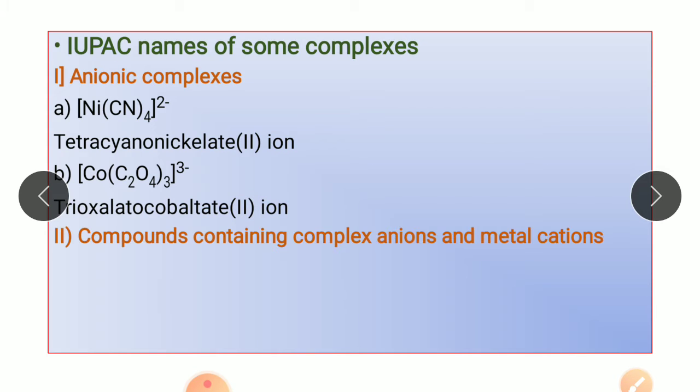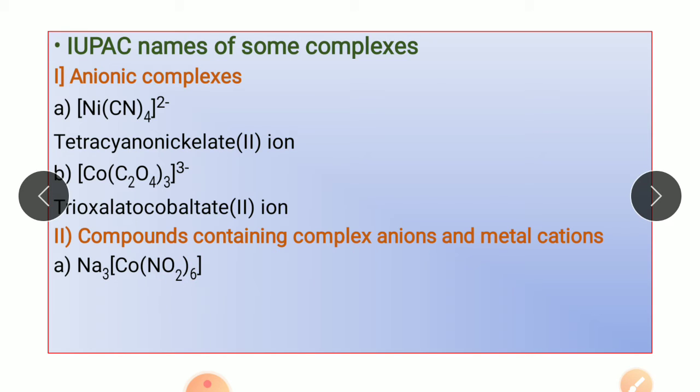Okay. Next, let's see the example of a compound containing complex anions and metal cations. Now this is the complex Na3[Co(NO2)6]. Here this complex is anionic. It is carrying a negative charge which is balanced by 3 sodium ions. So the compound as a whole is neutral, but your coordination complex is carrying a negative charge.